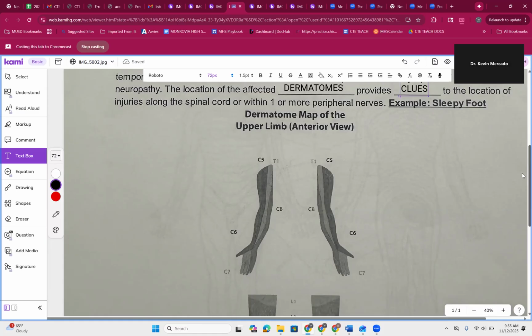But the reality is that that particular peripheral nerve was compressed to the point where it created issues for it, and it informed you that the nerve was compressed in a way that affected it. I wouldn't say traumatized, but compressed.